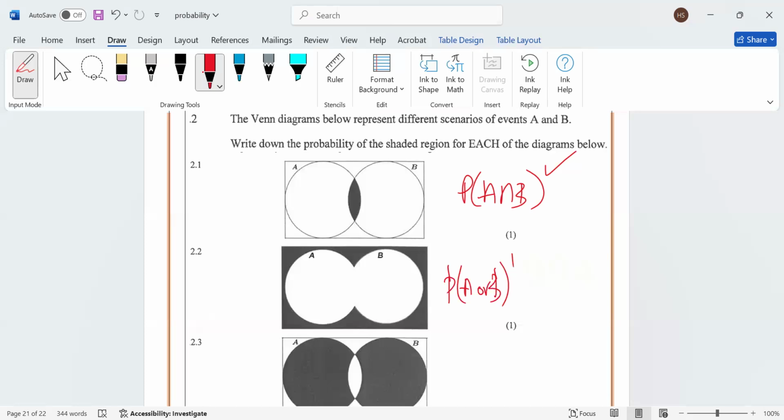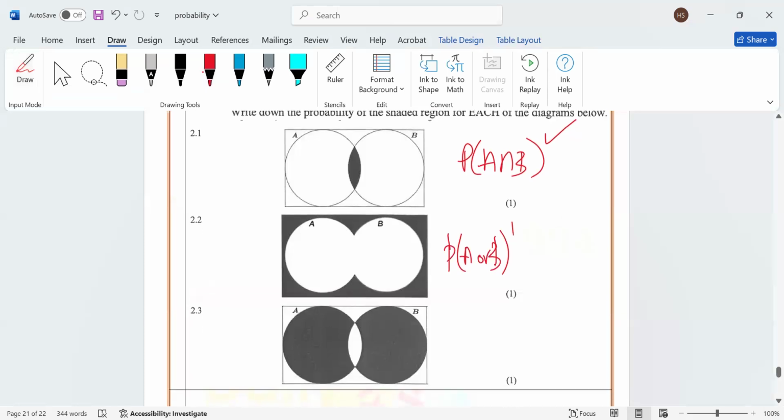Let's go to 2.3. What does 2.3 represent? Probability of not A and B.